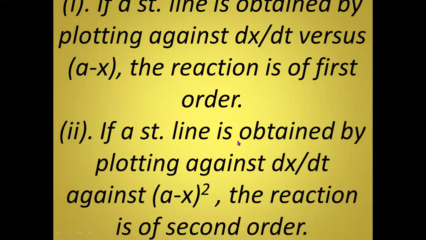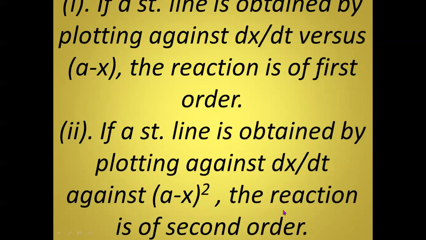Therefore, if a straight line is obtained by plotting dx by dt against a minus x whole square, that is the square of the concentration term, the reaction is of second order.